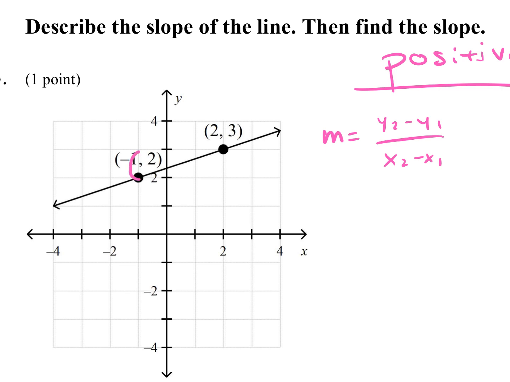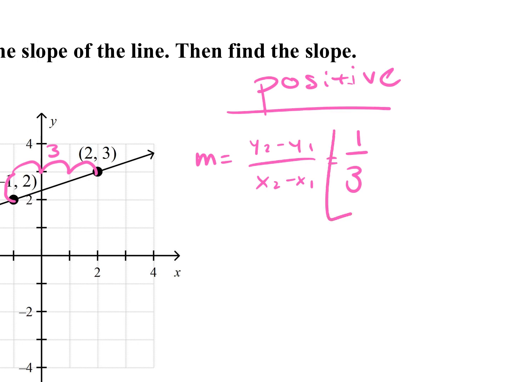Be careful with your values on the y-axis and the x-axis if you're going to just count rise over run. We go up 1, and we go to the right 3. So this would be rise over run, which would be 1 over 3. Any questions here?